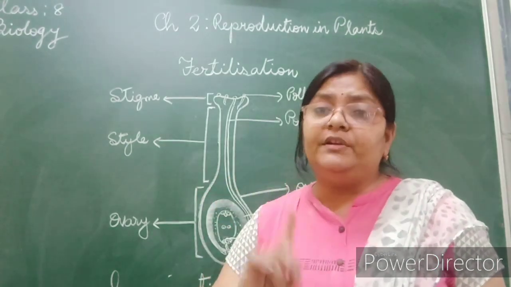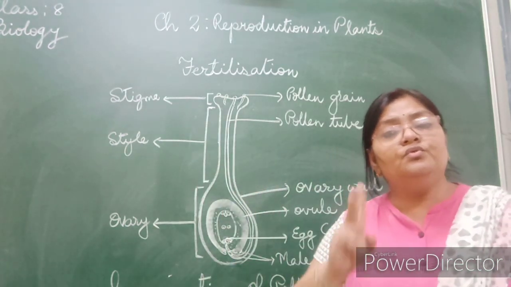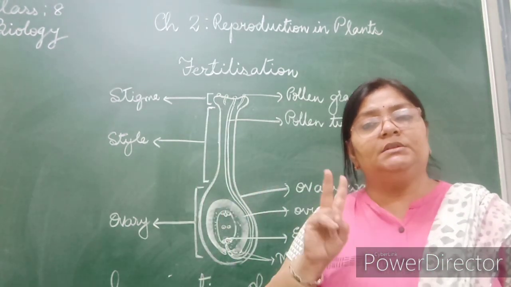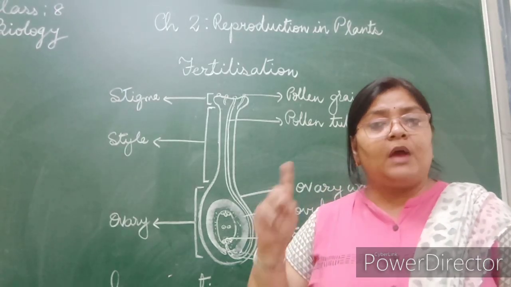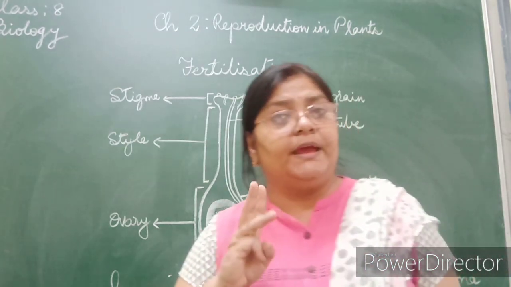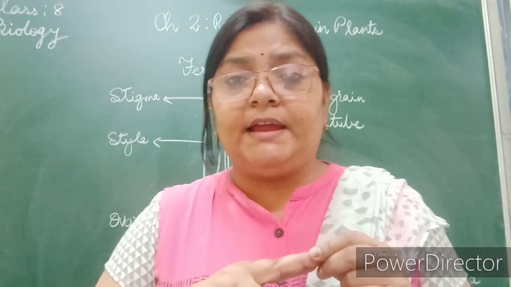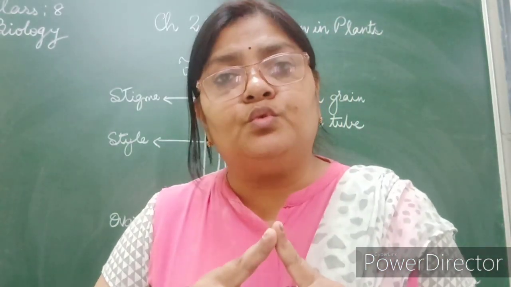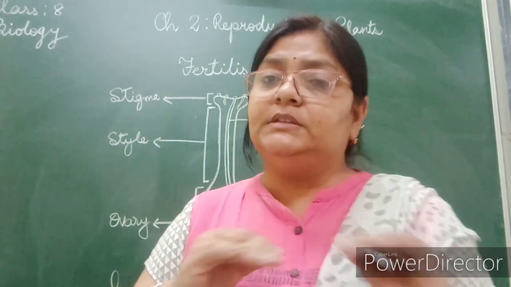The generative nucleus divides into 2 male gamete nuclei called the sperm nuclei. So actually the pollen tube had 3 nuclei, isn't it? The tube nucleus degenerates when it reaches the micropyle.